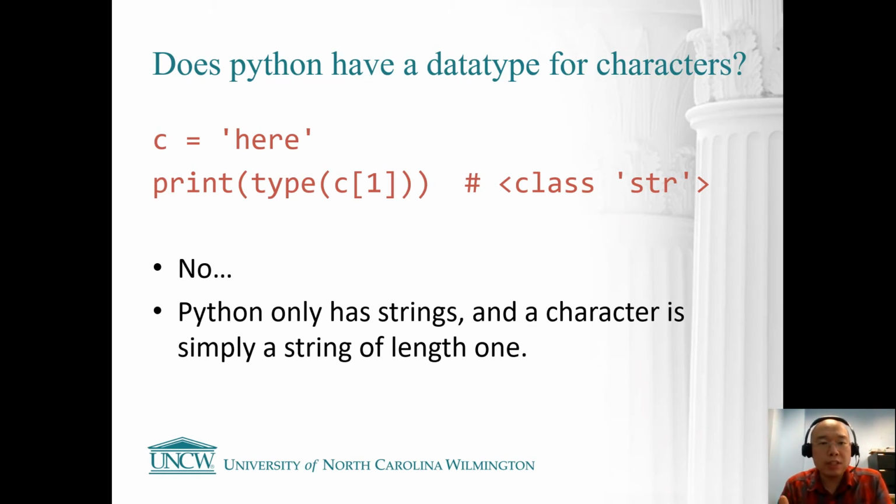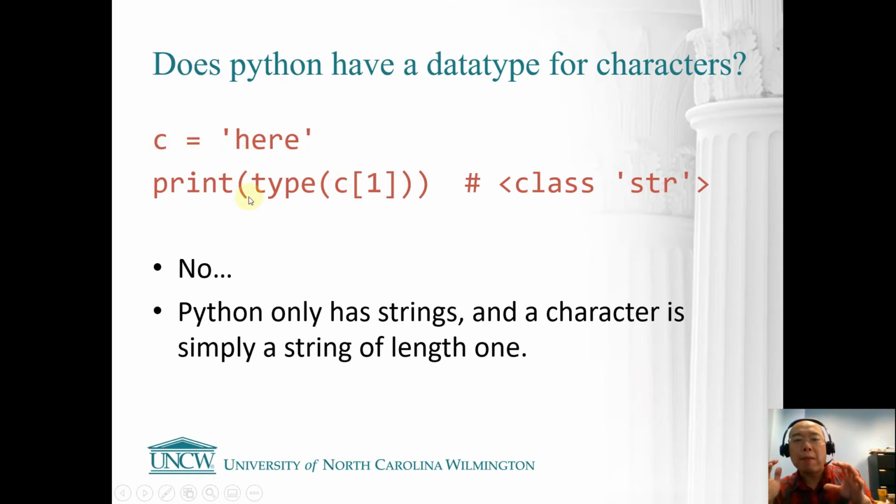So my question is, in Python, do we have a character data type? And how do I test that? Remember, we have a type function. Say I have the string c as here, and I'm grabbing only one letter from c, the e. And then I do a type.